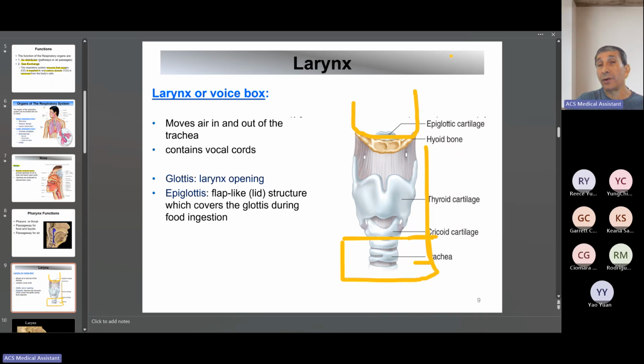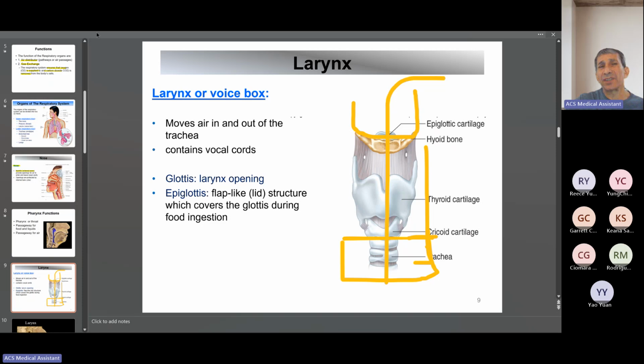Because all these structures are connected to each other, like links in a chain, they allow the air to pass through to the very deep part of the lungs.